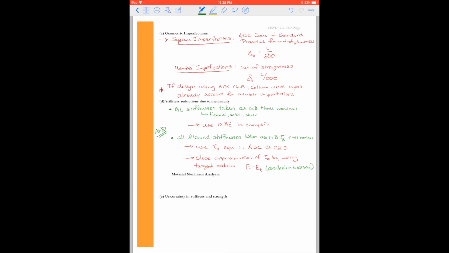Now this means we're moving toward not just a geometric nonlinear analysis, but also a material nonlinear analysis.